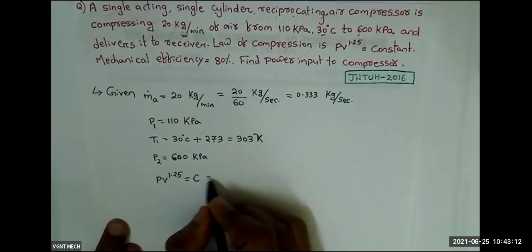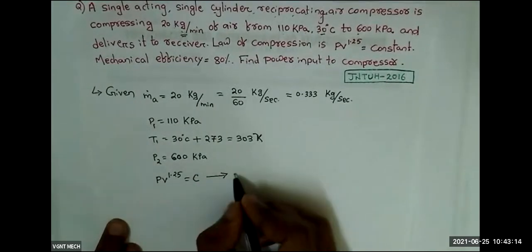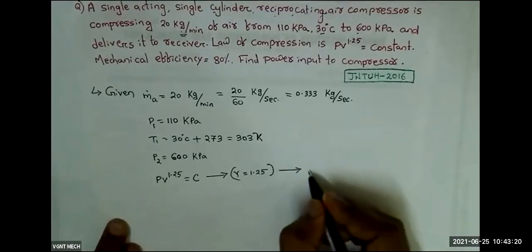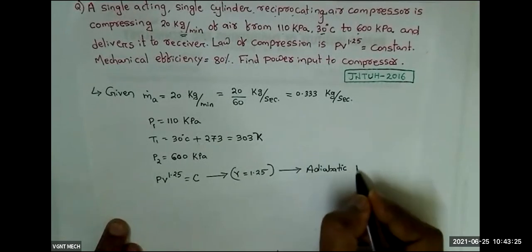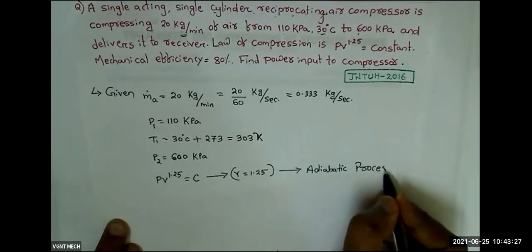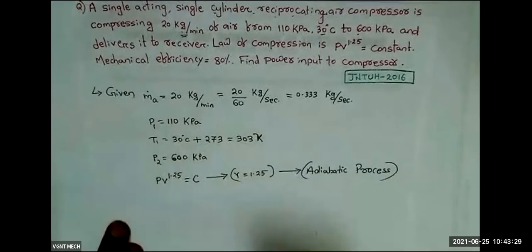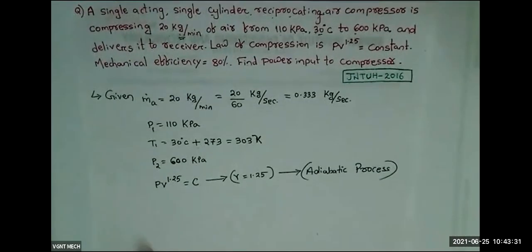So this indicates the gamma value equal to 1.25, and we will consider it as an adiabatic process, because whether it is an adiabatic process or a polytropic process, the formula will remain the same.